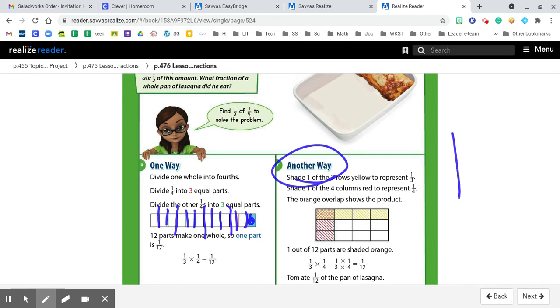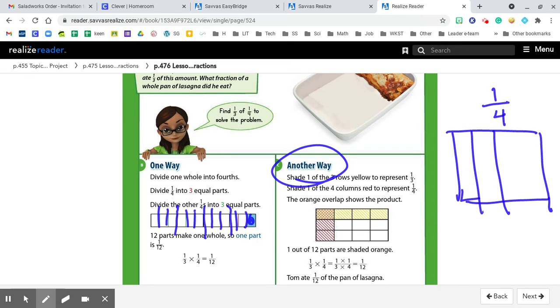The other way that I prefer is what they're doing over here. So we're going to take a grid, and we'll show 1/4 this way, and we'll have 1/3 this way.